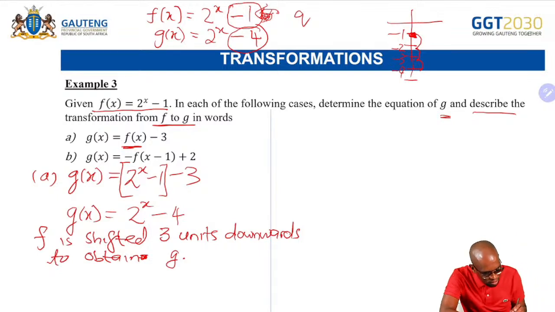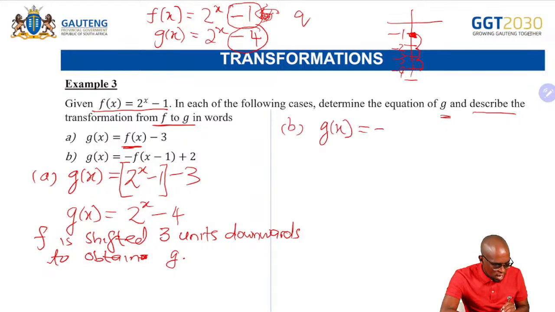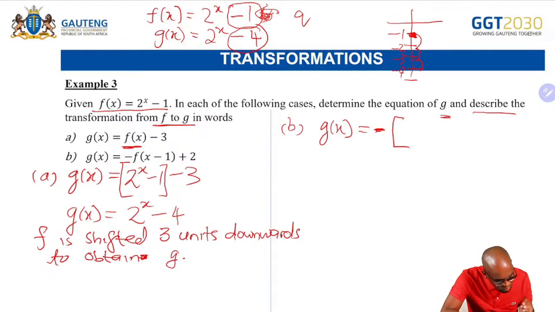Now, let's look at the next one, b. We are given g of x equals negative f of x minus 1. So, where we see f of x, we should now have negative f of x minus 1. Where we see x, we substitute and replace x with x minus 1.